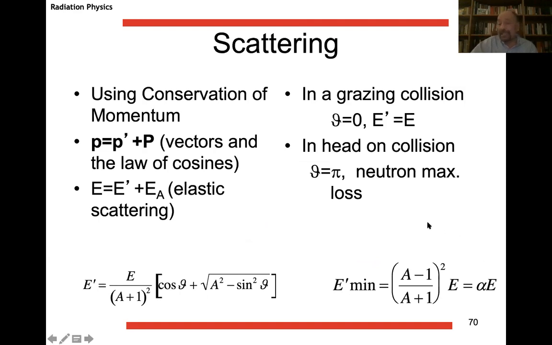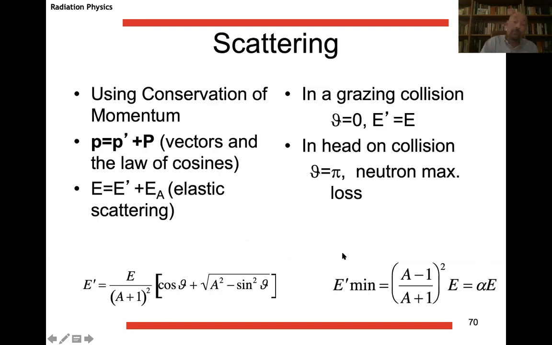And you can have the maximum and minimum energies here. The maximum, generally speaking, let's say the law of cosines describes the energy of the scattered neutrons through this equation. A is the atomic number of the target nucleus, and E is the energy of the incident neutron.